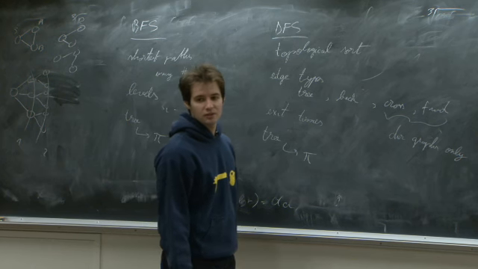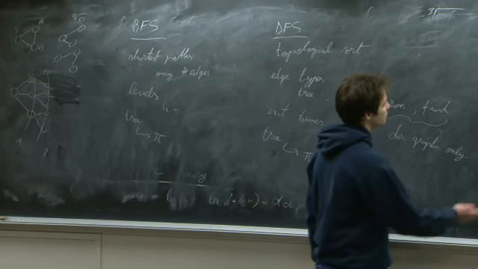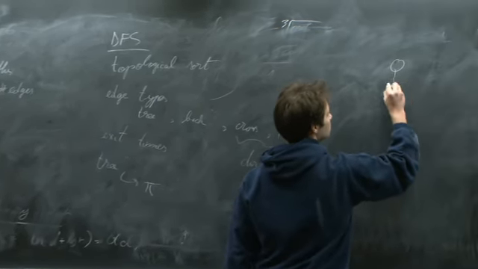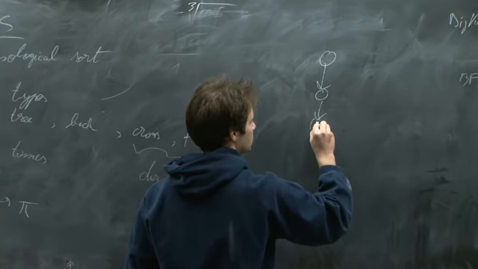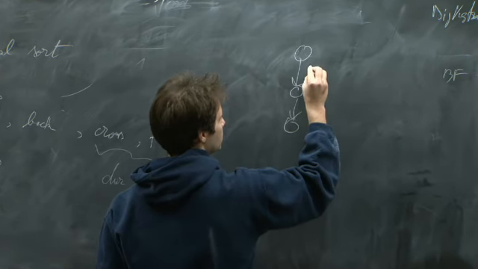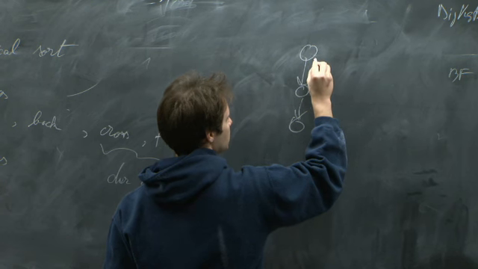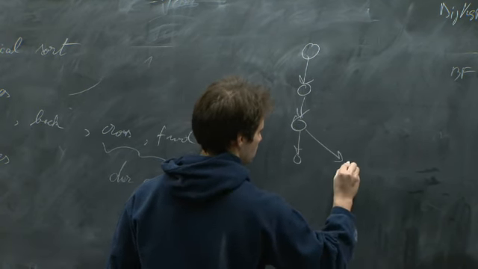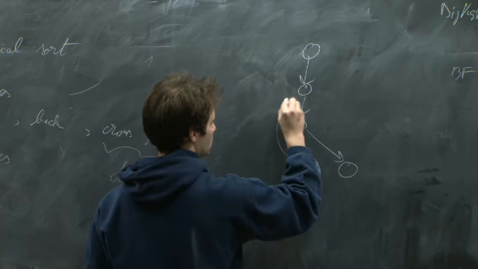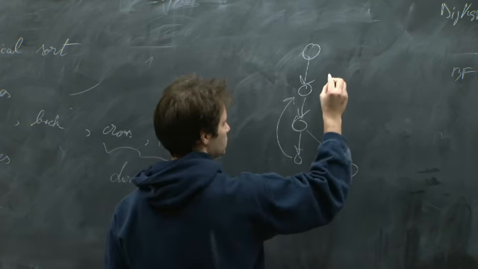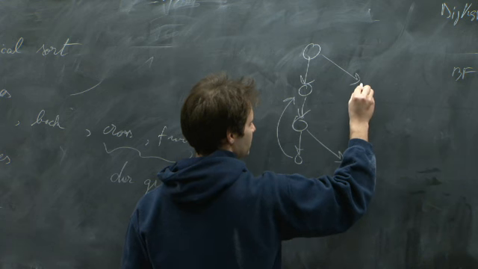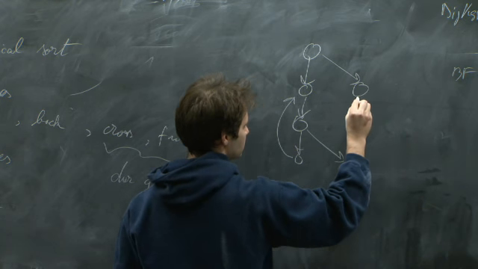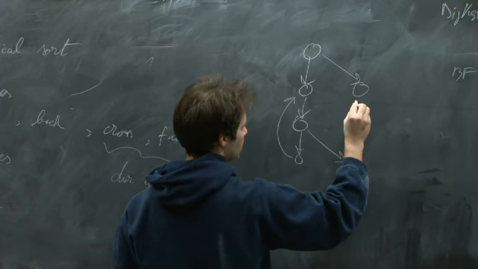So let's do a DFS tree quickly. Suppose we went like this, and then like this, and then this. Sorry, I'm trying really hard to make up an example on the spot.